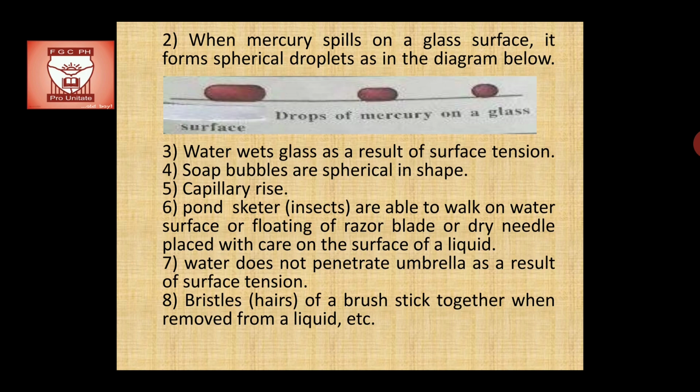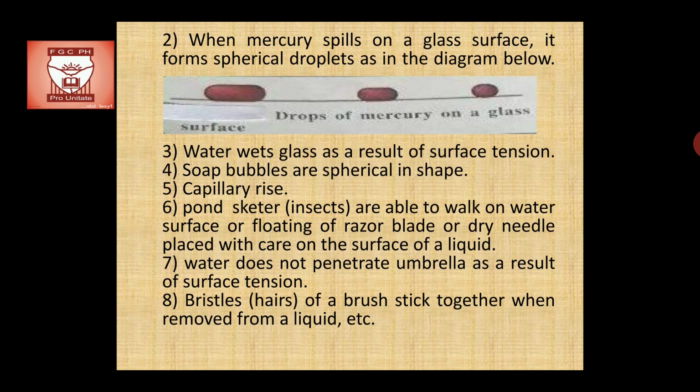Some of you are fond of, when you make soap, you form bubbles and you'll be blowing it like a balloon. You see how it will blow out in a spherical shape. It's as a result of surface tension. Number 5, capillary rise.